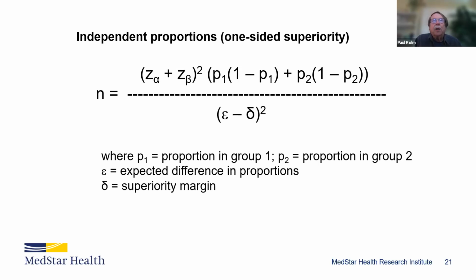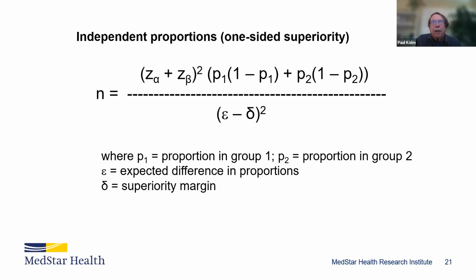And so where P1 is the proportion that we believe is going to be characteristic of group 1, and P2 is the, not the correlation, the proportion in group 2. And so P times 1 minus P is the variance of a proportion. You take the square root of that and you get the standard deviation of a proportion.